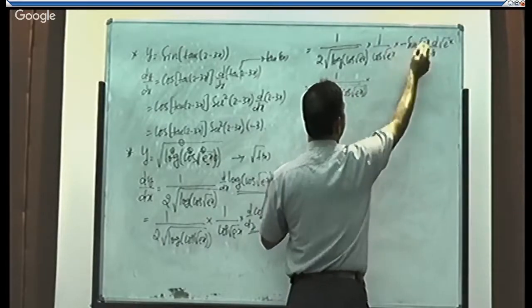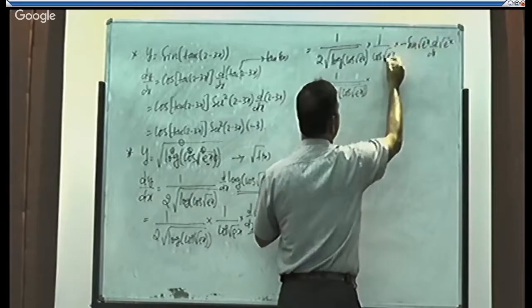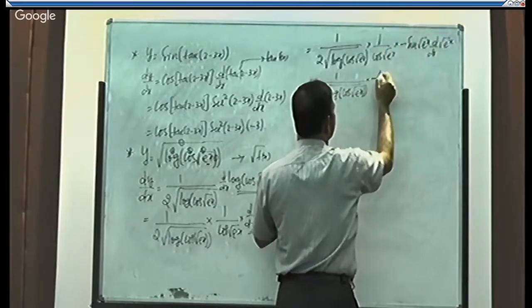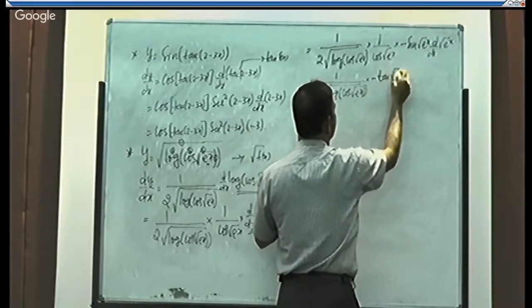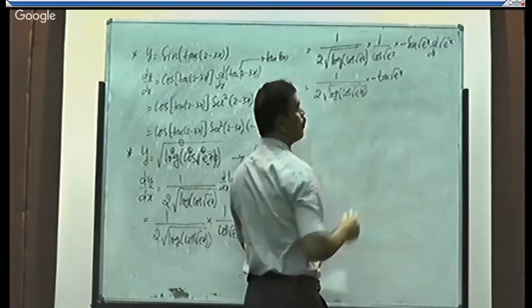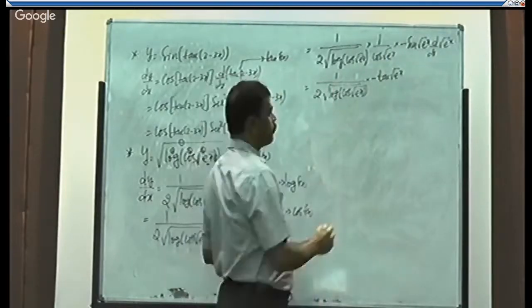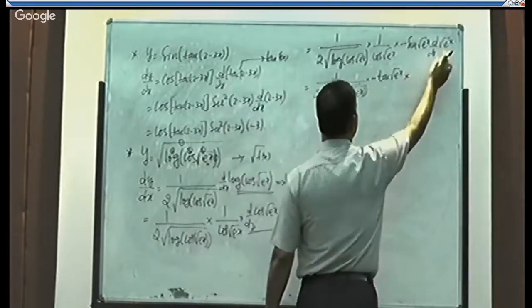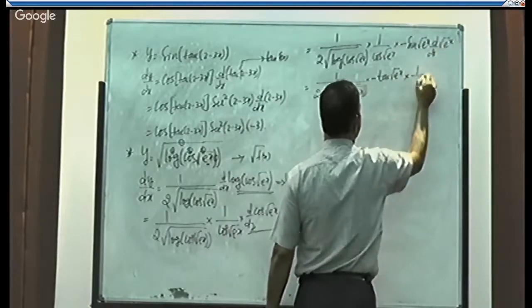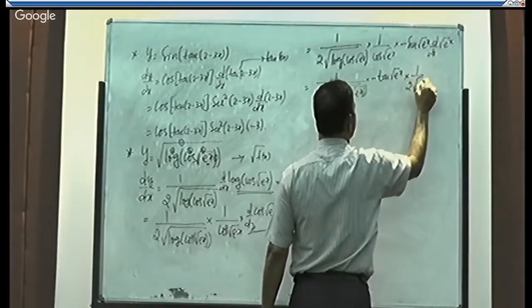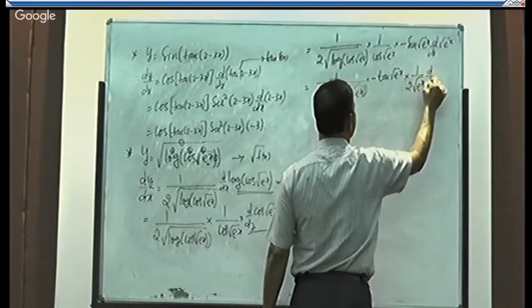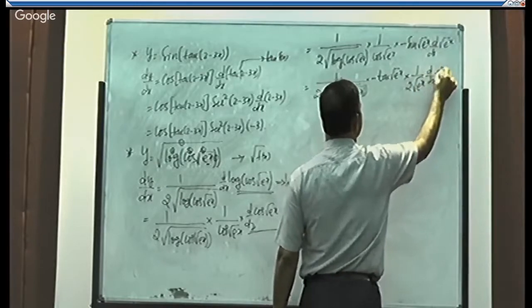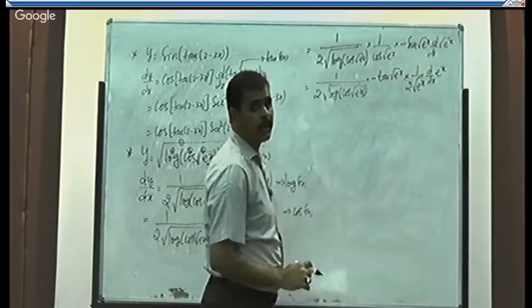Sine a by cos a is taken as tan of a: tan of root of e power x into differentiation of root function. It is 1 by 2 root function into d by dx of function, which is e power x finally.